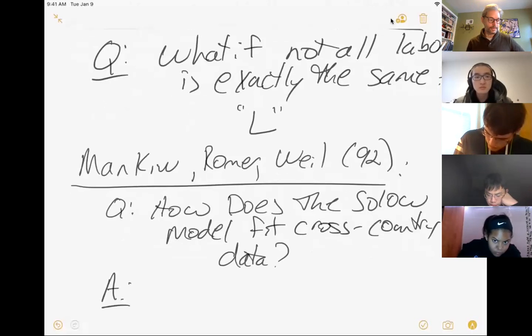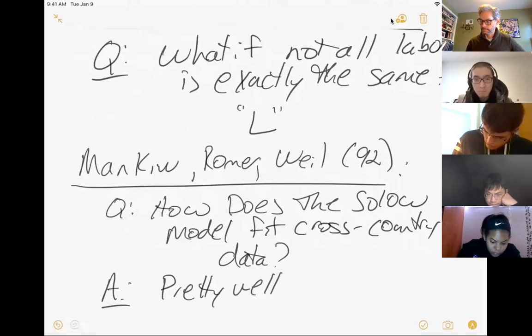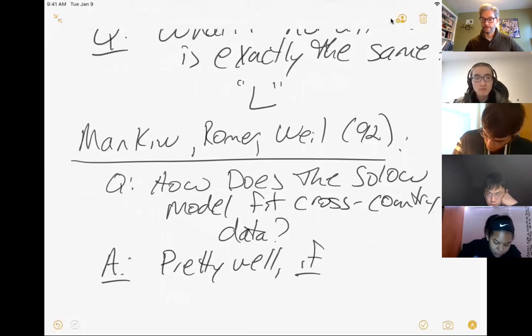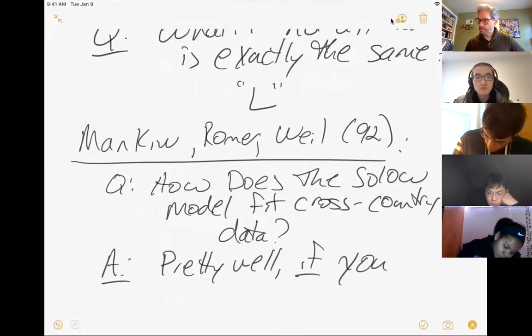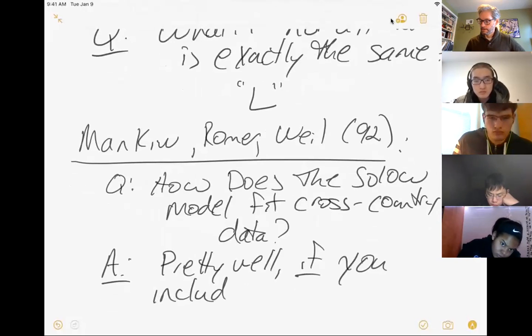And their answer is pretty well, if you include a measure of human capital.